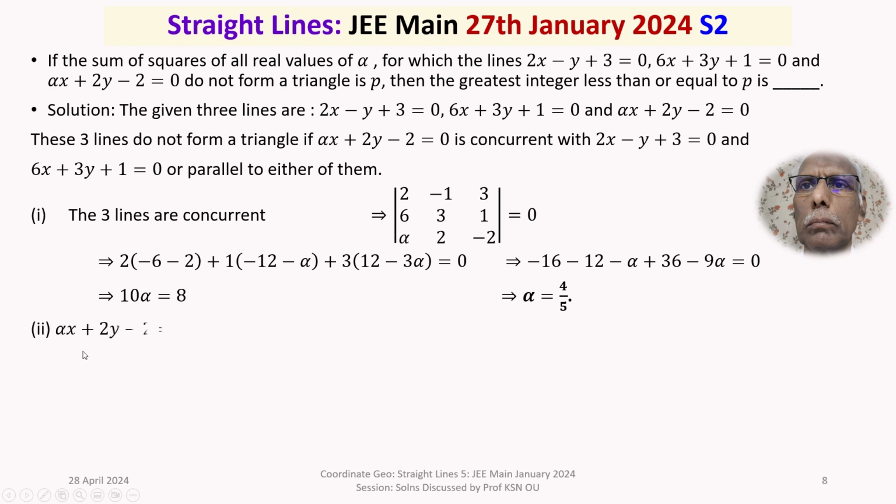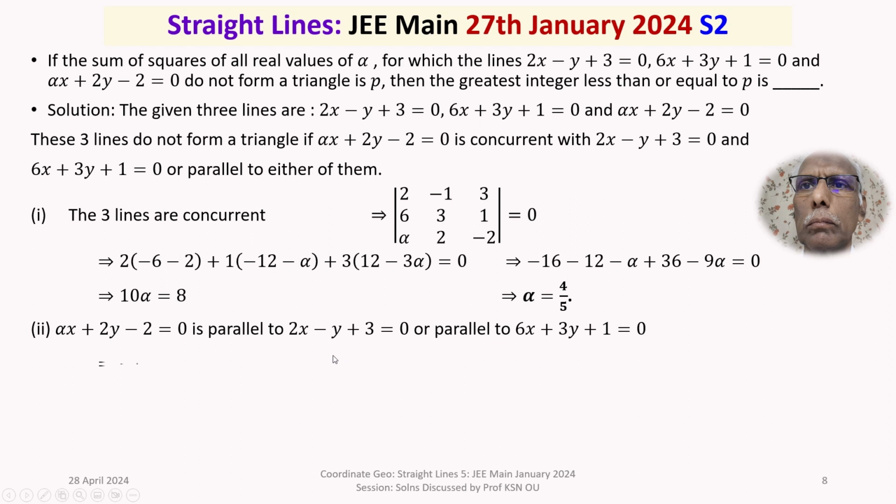Now, the second case, alpha x plus 2y minus 2 is equal to 0 is parallel to 2x minus y plus 3 or parallel to 6x plus 3y plus 1 is equal to 0. Now let us see what is the slope of this one. The slope of alpha x plus 2y minus 2 is equal to 0 is minus alpha by 2. The slope of 2x minus y plus 3 is equal to 0 is 2.